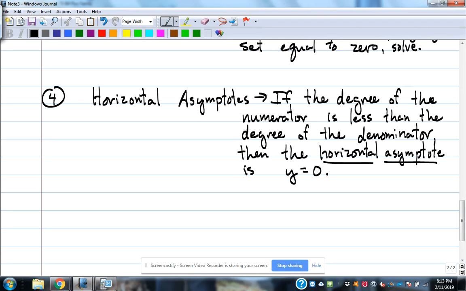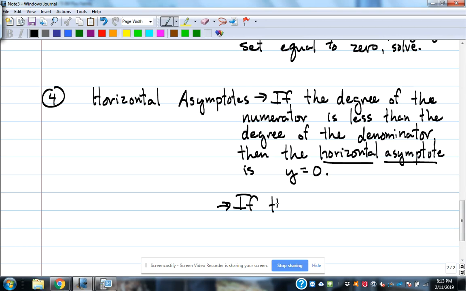Degree is exponent, the highest exponent in the top. If the highest exponent in the top is less than the highest exponent in the bottom, your horizontal asymptote is at y equals 0. Automatically. No calculation needed. It's a memorized fact. Okay? It has another condition that can happen.